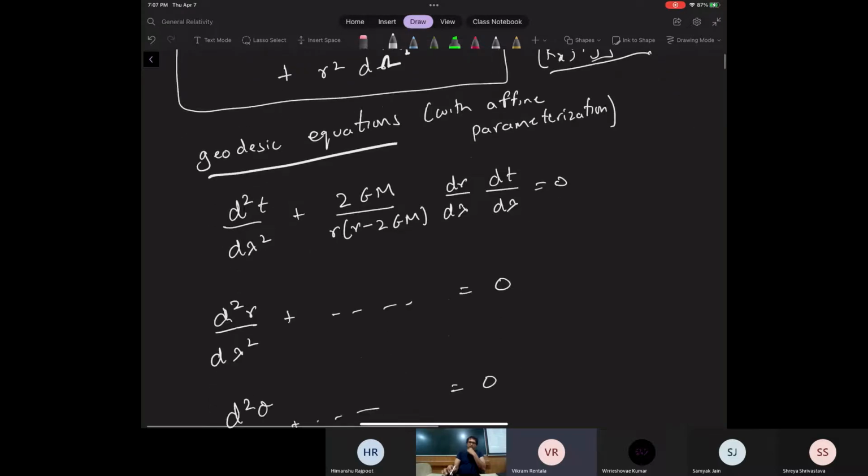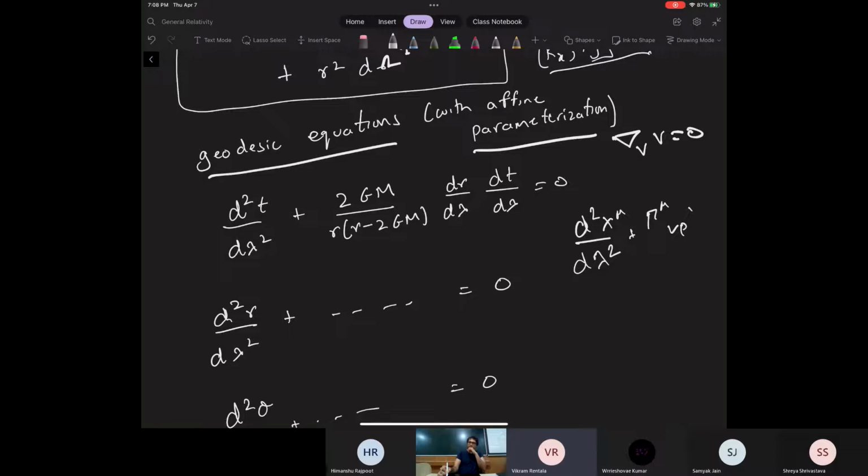Okay, so now we'll work in the affine parameterization where our geodesic equation is something like this, and then you can work it out in coordinates. In some coordinate system, if I have a tangent vector which I denote as dx^mu/dλ, your geodesic equation looks like this: d²x^mu/dλ² + Γ^mu_{νρ} dx^ν/dλ dx^ρ/dλ is 0, where λ is some affine parameter.